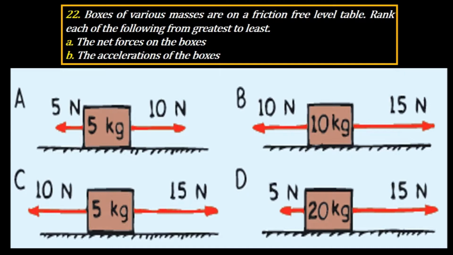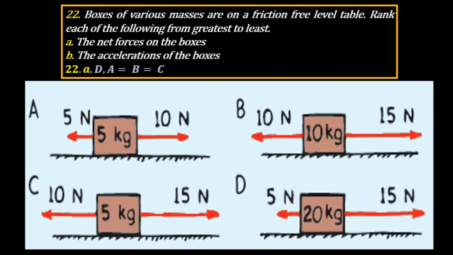So D would be the largest, and then A, B, and C are equal. And then the accelerations of the boxes, it would be the same thing. It would be D, and then A, B, and C all to the right would be equal.